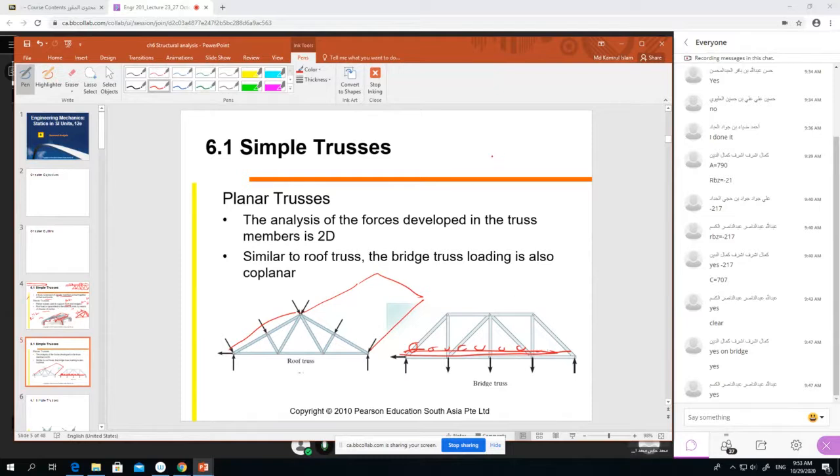And another one, as I told before, has the road on top and the truss at the bottom side, something like this. In this type, your car will go there. So two types: bridge truss and roof truss.